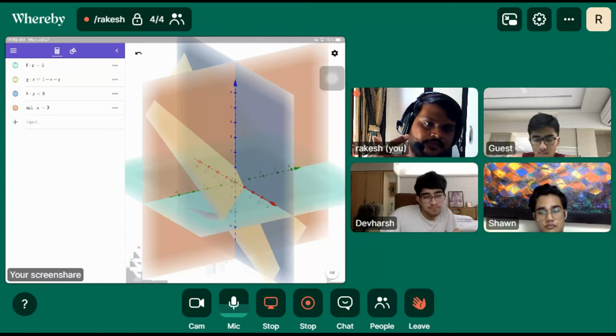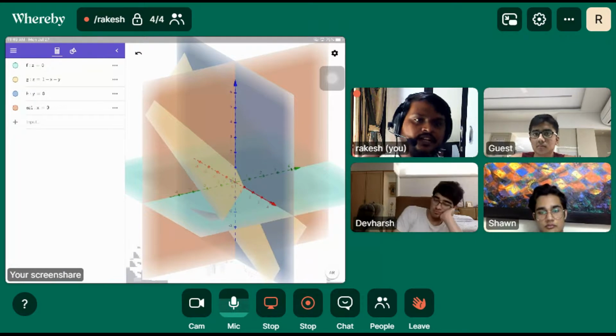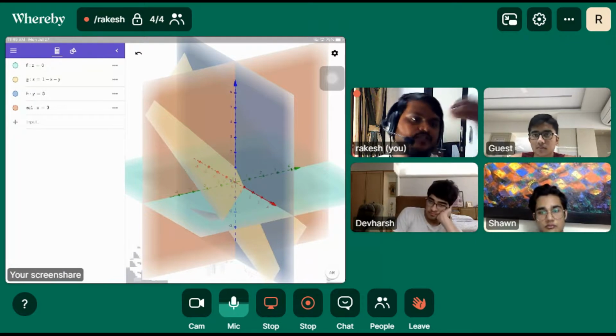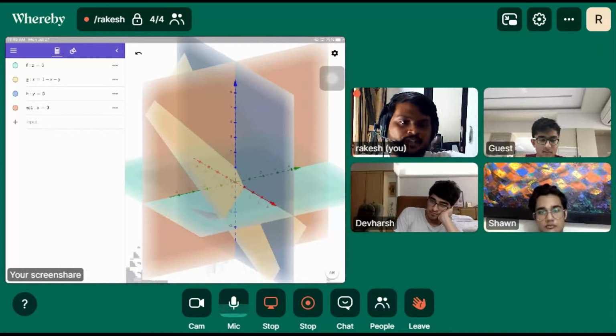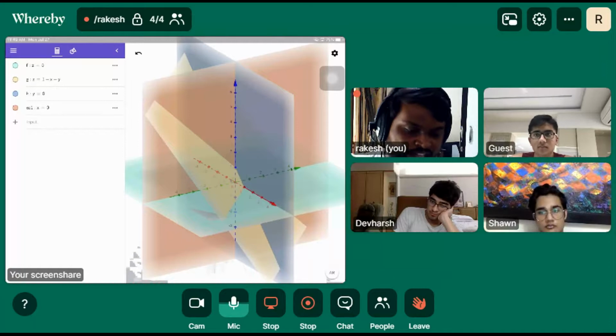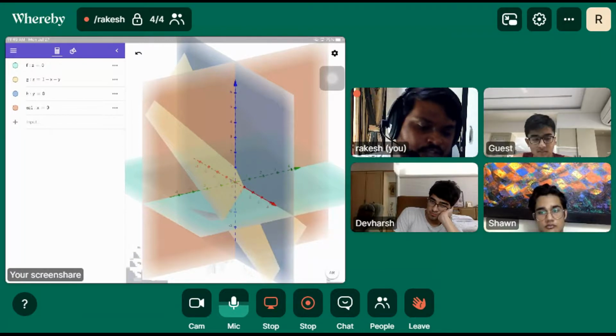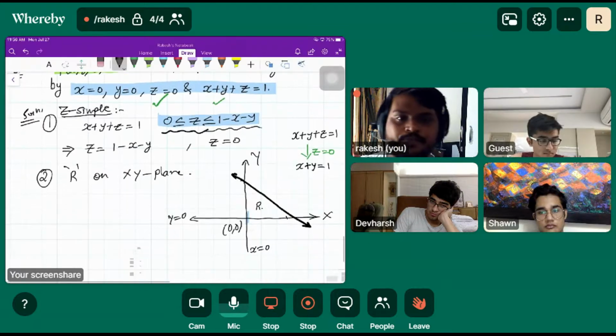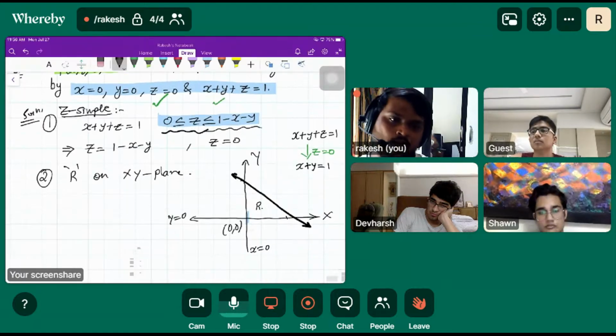Are you getting that? So how do we understand which one is the lower limit and which one is the upper limit? The region R for the double integral will help you find out which one is upper and which one is lower, because our object, the region T, will be just above this region. Are you getting that?